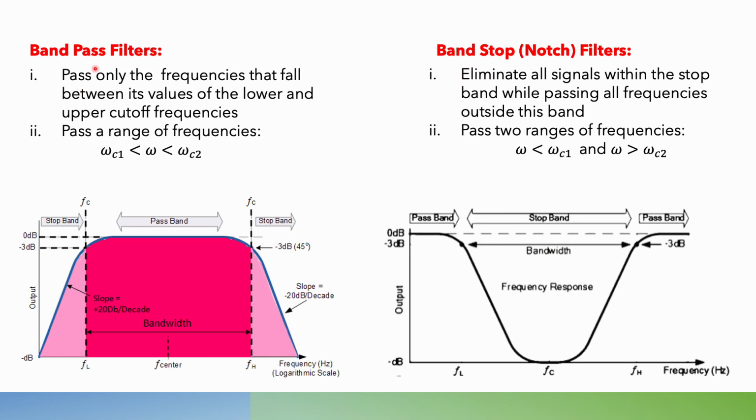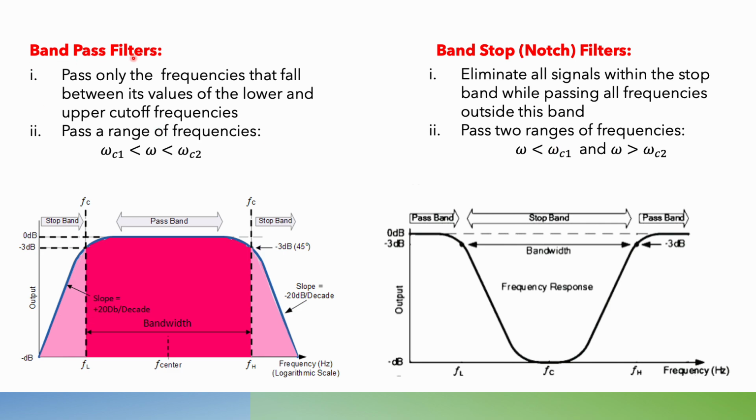Now let's look at other types of filter, known as the band pass filter and the band stop or notch filter. I think these types of filter are quite new; we haven't discussed them in our previous lecture. So what is a band pass filter?